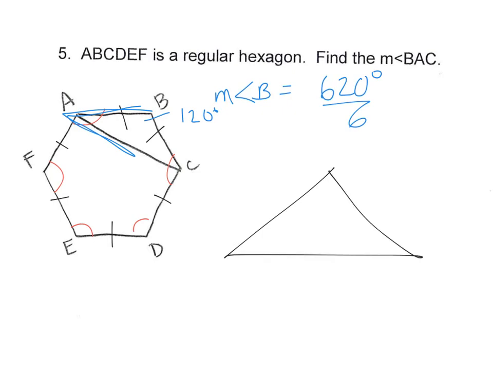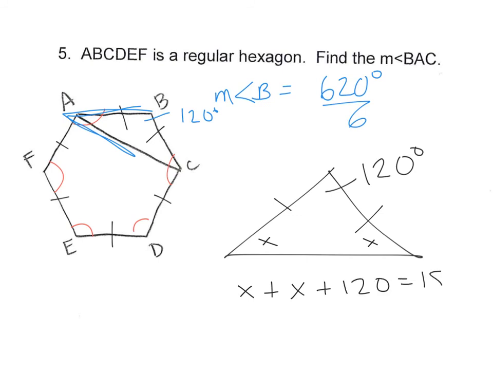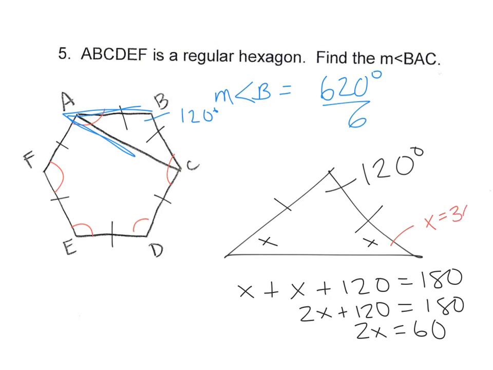So then you have this triangle that is 120 degrees right here, and this triangle is isosceles. So that means that these two angles are congruent. So I'm going to do x plus x plus 120 equals 180. 2x plus 120 equals 180. 2x equals 60. So x equals 30 degrees.